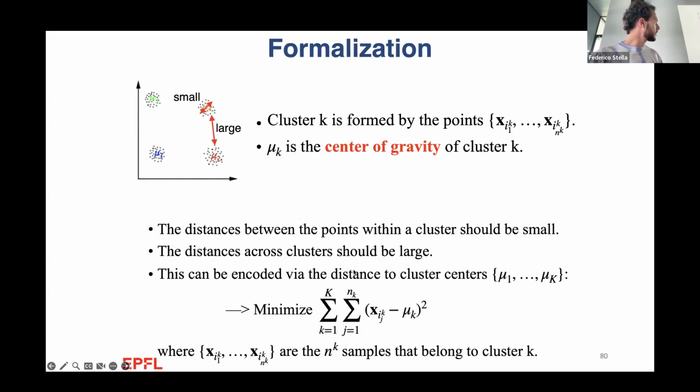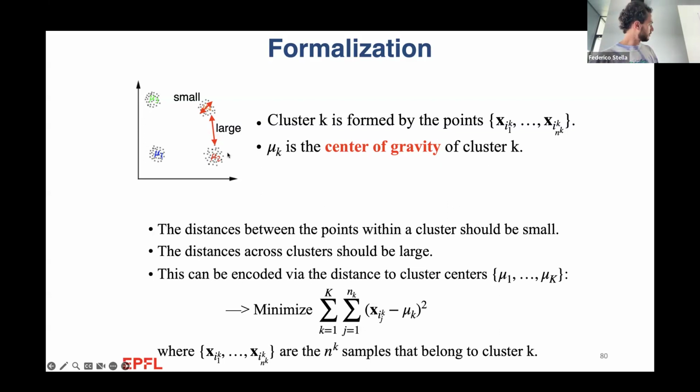So what we want to do, the objective function with k-means is this one. So we take the distance between the points and the clusters, and we want to minimize this. What do I mean by the distance between the points and the clusters? So you see there's a bunch of indices here. The point is we have each point assigned to only one cluster. So all of the points here will be assigned only to cluster 1.